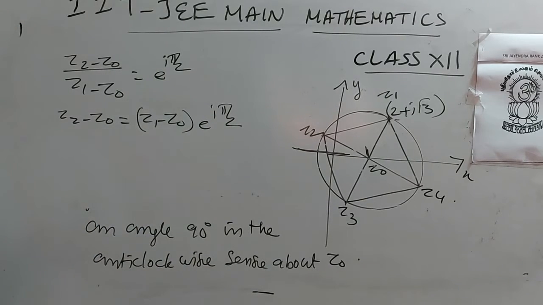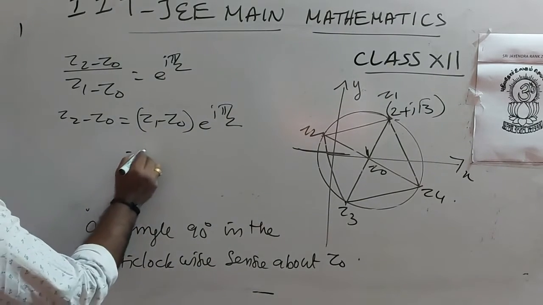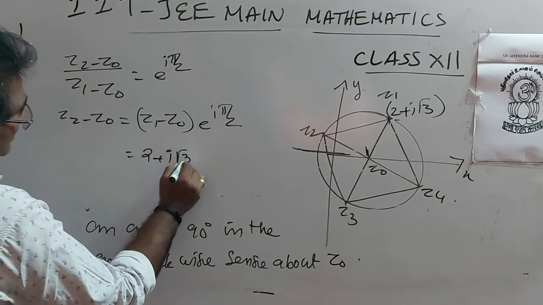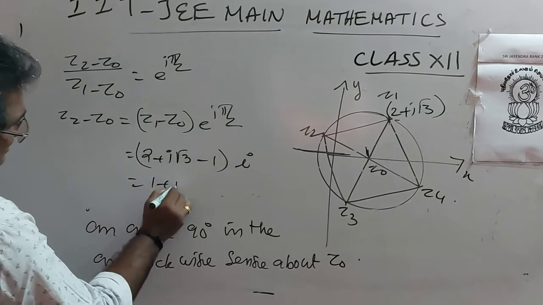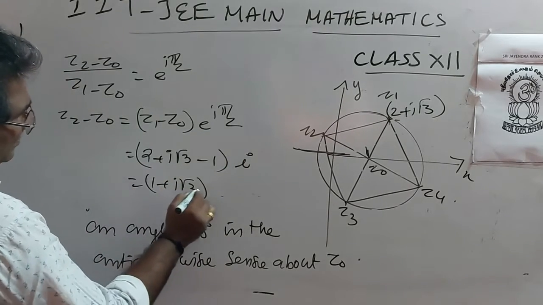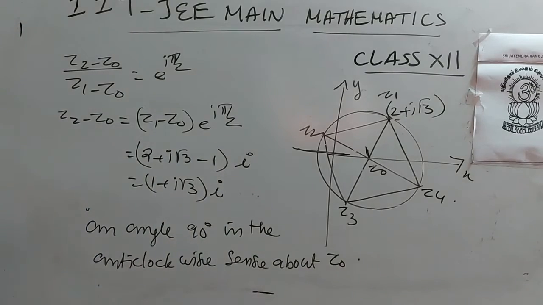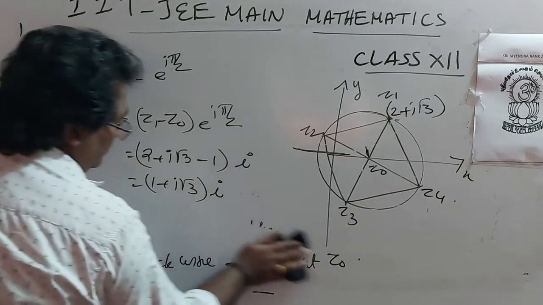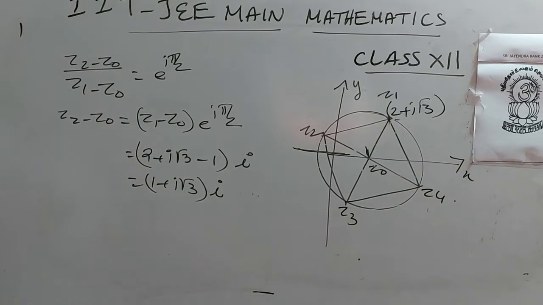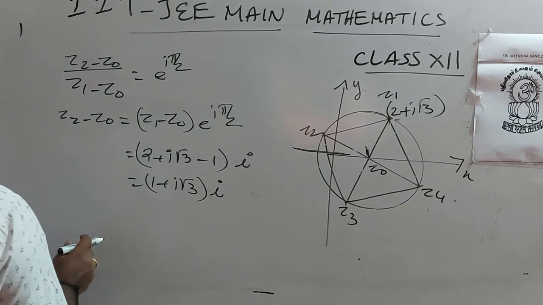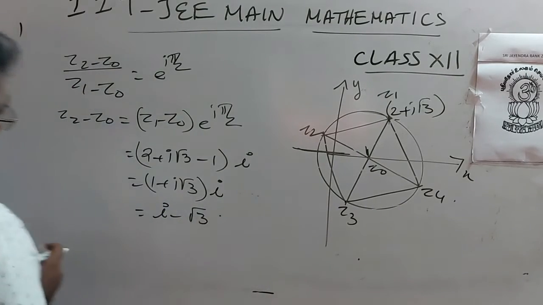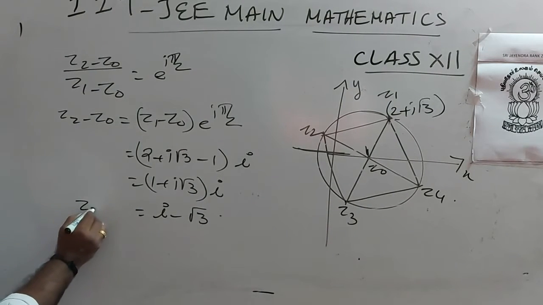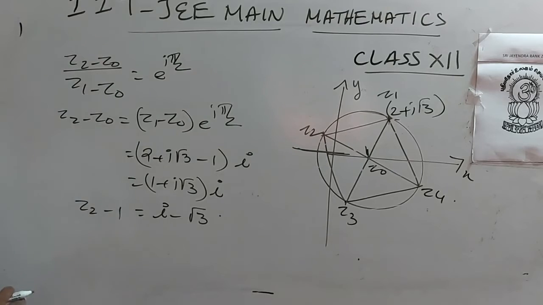We have taken Z1 as 2 plus i root 3, Z0 that is 1, into i. 2 minus 1 is 1, so 1 plus i root 3 into i, that is i minus root 3. So here we have Z2 minus 1, in place of Z0 we have 1.